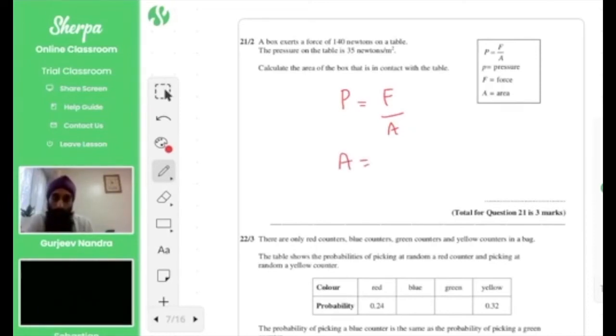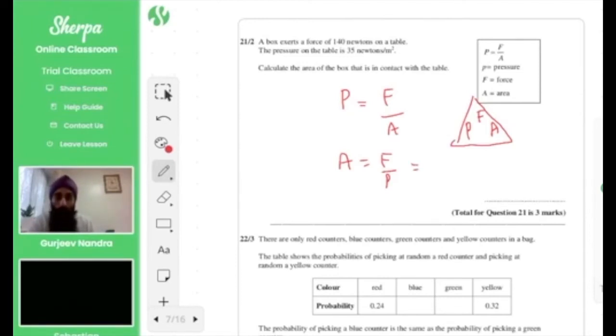So if we rearrange that for A, let's see what we get. So you can take the A up and you can bring the P down. There's two ways of doing this one, so I'll show you those. That's a correct rearrangement, but if you struggle with rearranging, what you can do is you can use what you will probably be more familiar with in science, the little science triangles. So since we want to work out area, it's just force divided by pressure.